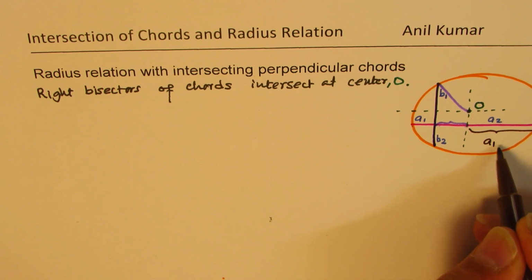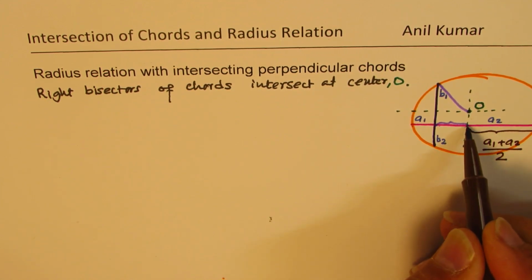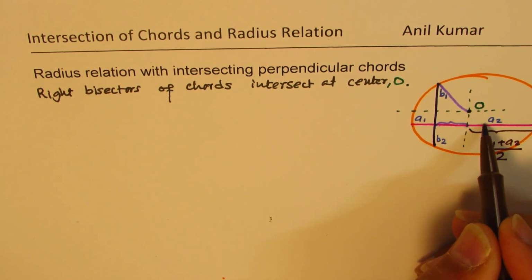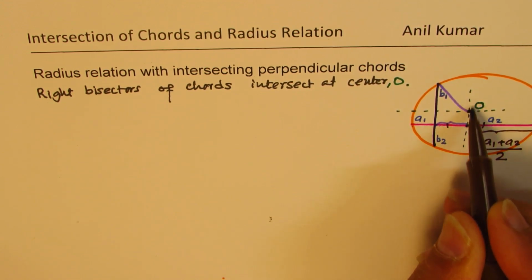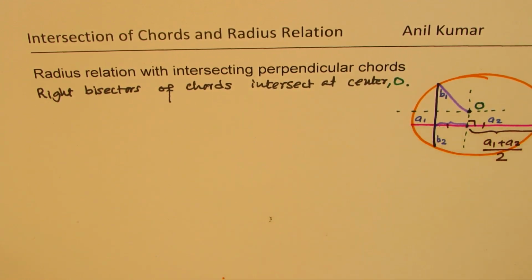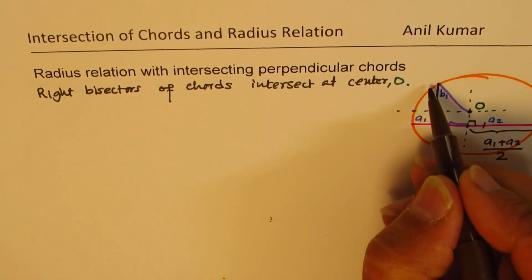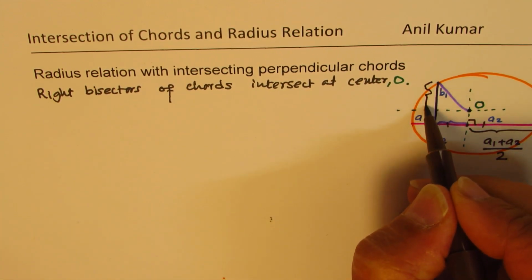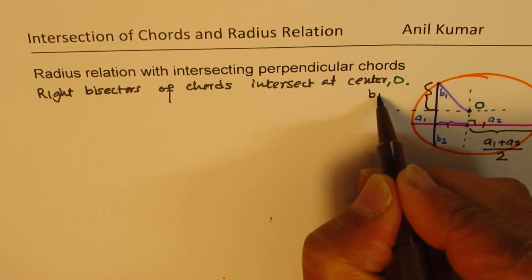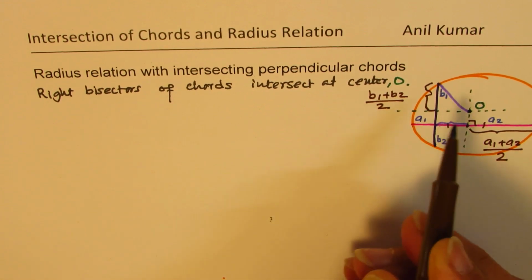So this length is A1 plus A2 divided by 2, right? Because this is the center, perpendicular bisector. So that line is a perpendicular bisector. So it bisects this chord into two equal parts whose total length is A1 plus A2, right? Clear? Okay. Similarly, this length here is basically B1 plus B2 divided by 2, since we have the right bisectors, right?